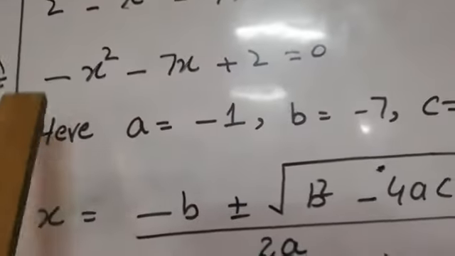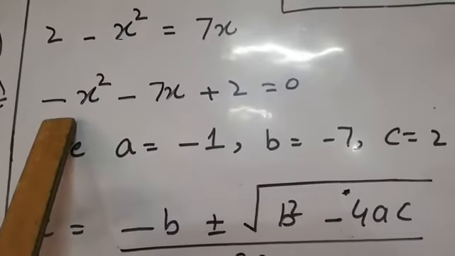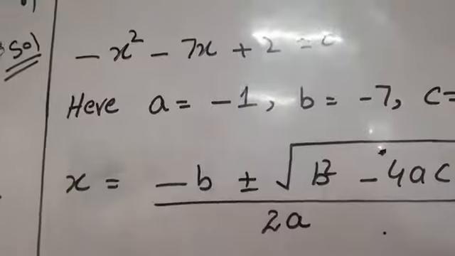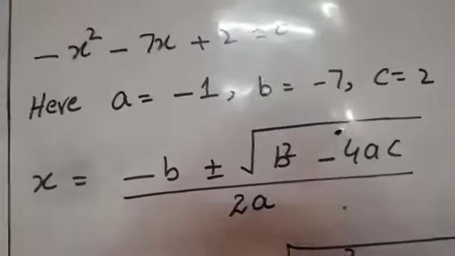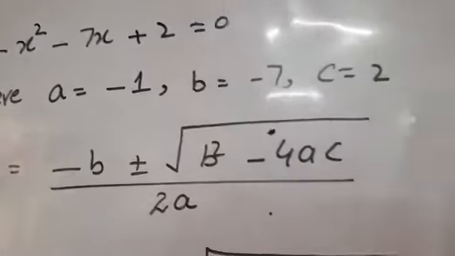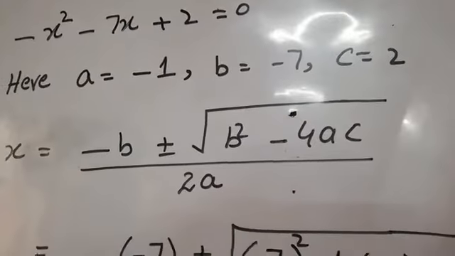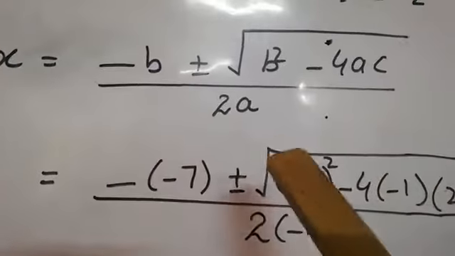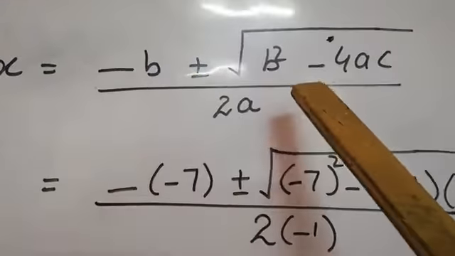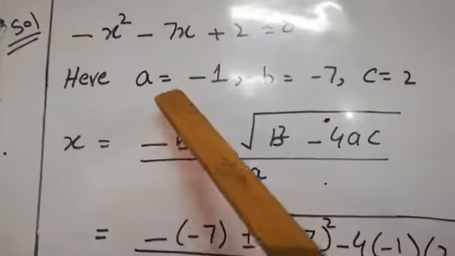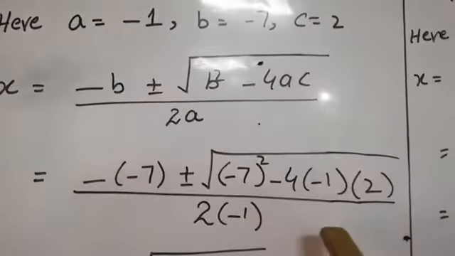So by using this method, you know that the coefficient of x square is minus 1, the coefficient of x is minus 7, and the value of c is equal to 2. So we will put the values of a, b and c, and after that write the formula: minus b plus minus square root of b square minus 4ac by 2a. And now we will put all the values of a, b and c in this formula.